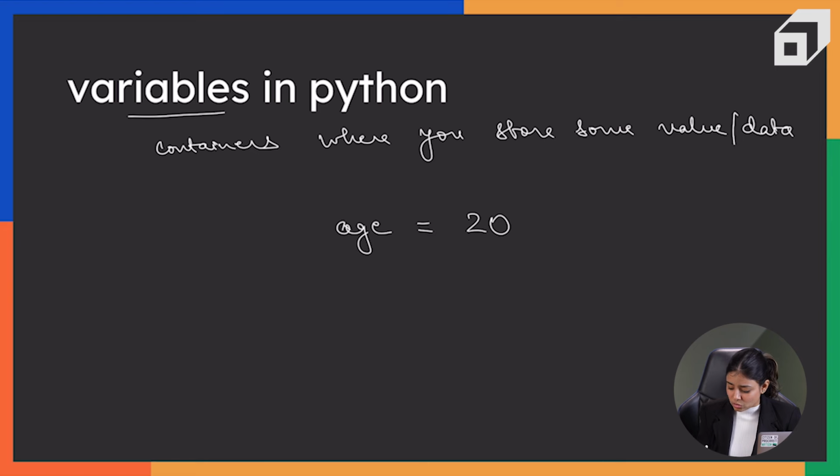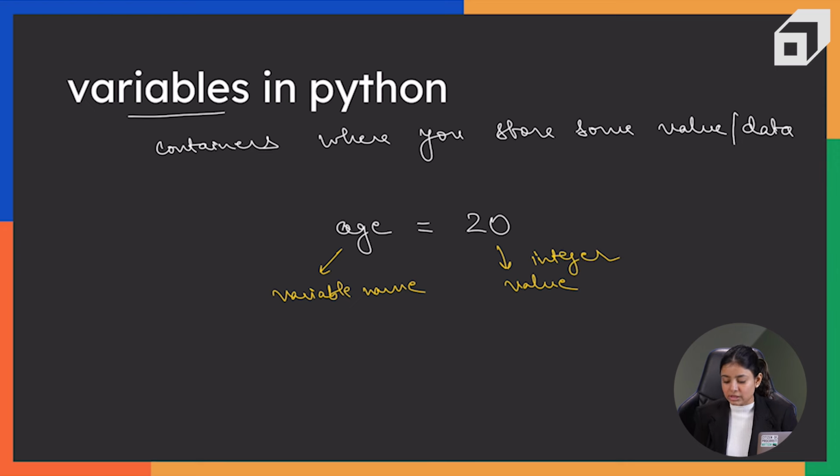Now what this is doing is creating a variable by the name of age and assigning it a value 20. What kind of a value is this? This is an integer value 20 that I'm assigning to a variable age.